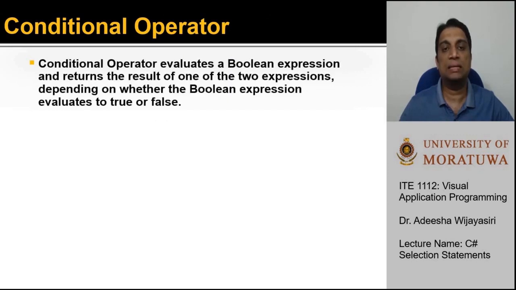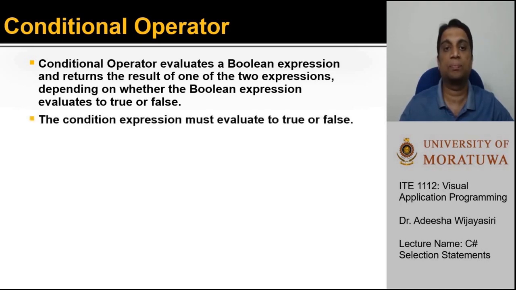Conditional operator is another construct which is provided by C# for selections. Conditional operator evaluates a Boolean expression and returns the result of one of the two expressions depending on whether the Boolean expression evaluates to true or false.